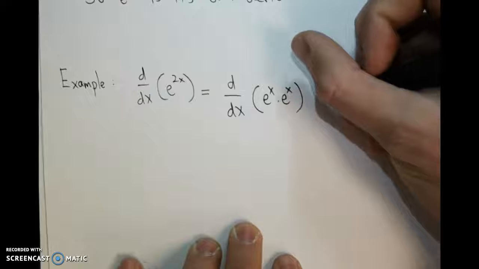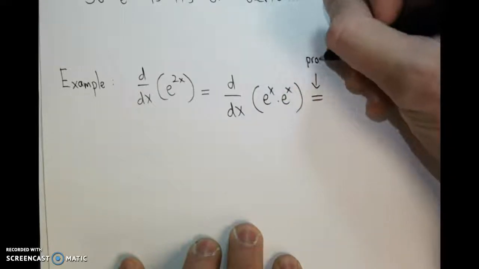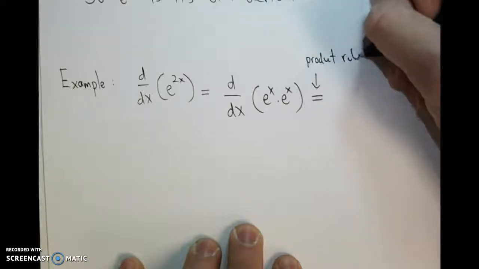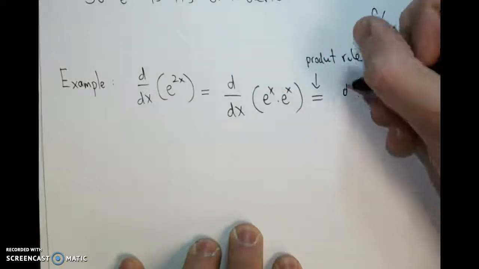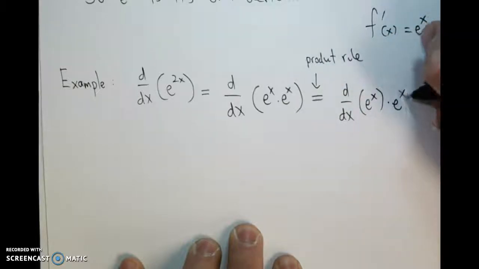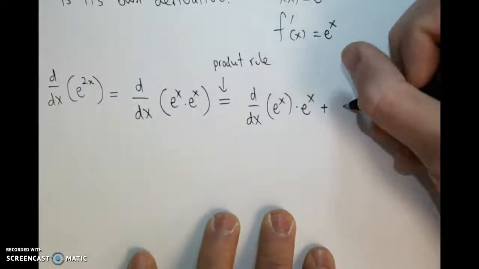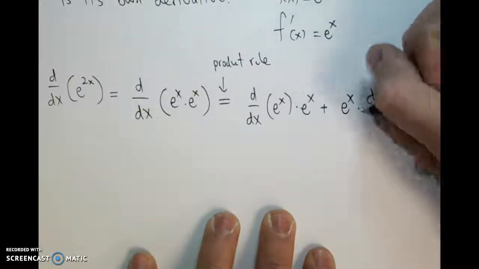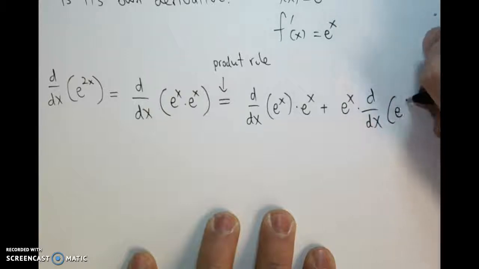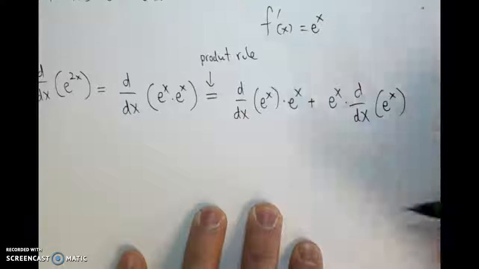At this point, I want to use the product rule. The product rule says to figure out the derivative of a product, first take the derivative of the first one and multiply it by the second one, then take the first one, which is e to the x, times the derivative of the second one, which is e to the x. But hey, the derivative of e to the x is also just e to the x.